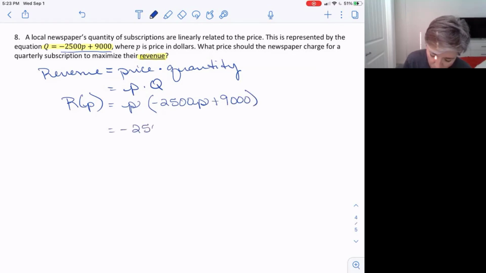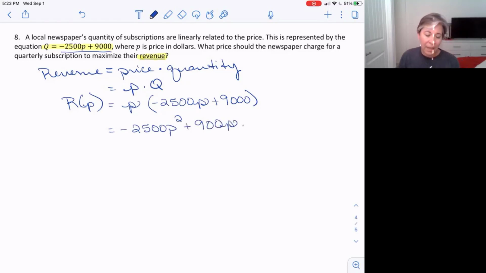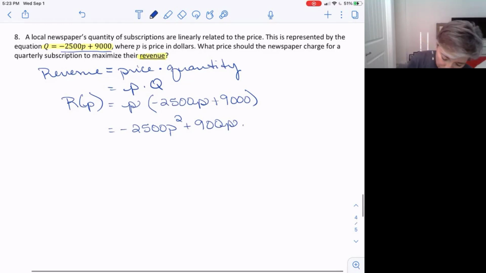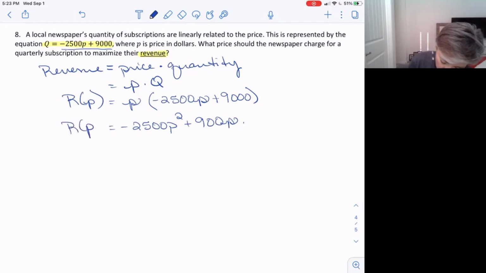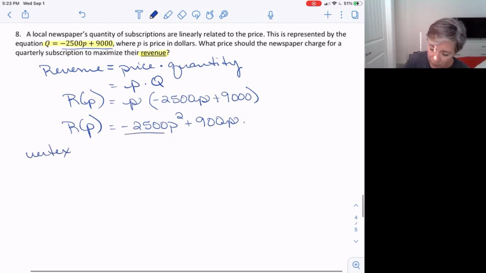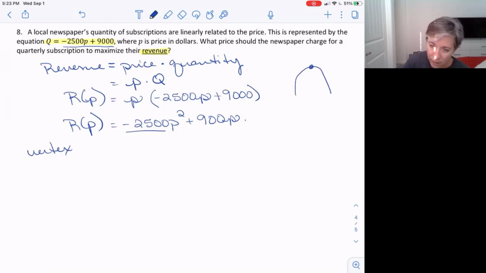So I get a negative 2,500p squared plus 9,000p. And again, we're wanting to maximize this revenue, so we need to find the vertex. And again, our leading coefficient is negative, so it does in fact open down and have a maximum value.